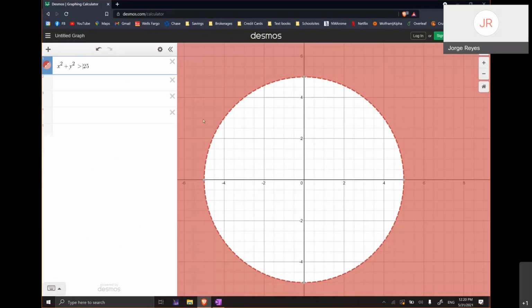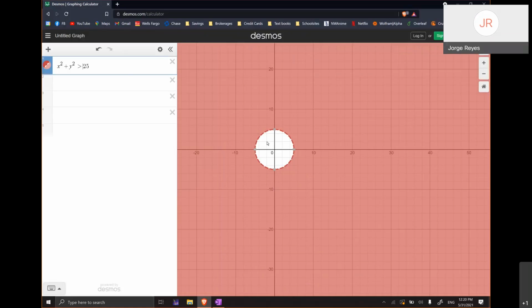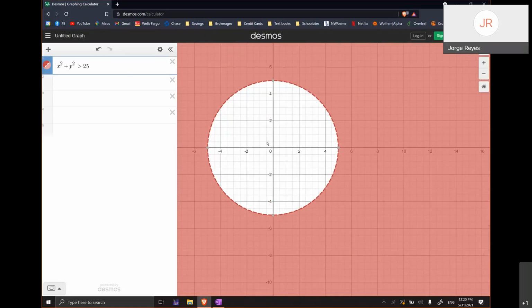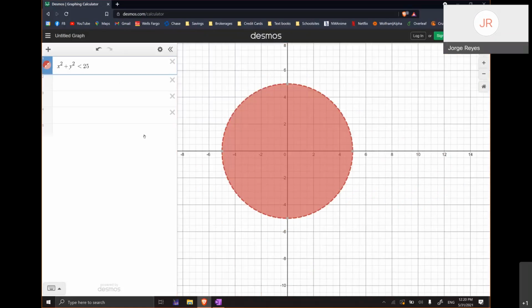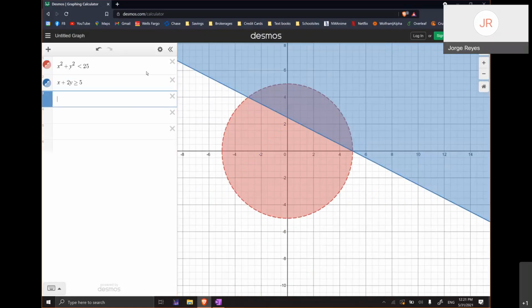If it's a greater than, it's outside. So that's just an easy thing to do with circles. And then the line x plus 2y greater than or equal to 5. And ta-da! And if I click, look, negative 3, 4, 5, 0.